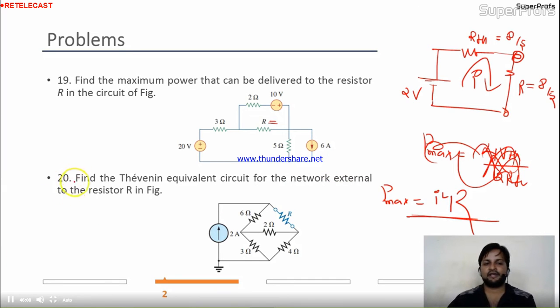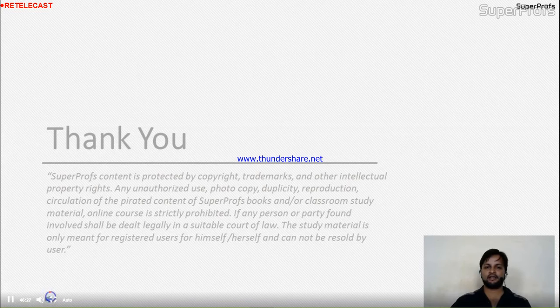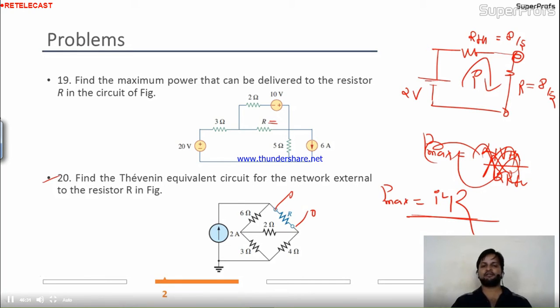Now see friends, in the last question, find the Thevenin equivalent circuit for the network external to the resistance R. Here, across this, I have to find the Thevenin equivalent. So friends, this question is homework to you, and I hope you will solve it, clear all your doubts and enhance your concepts over the circuit theorem.